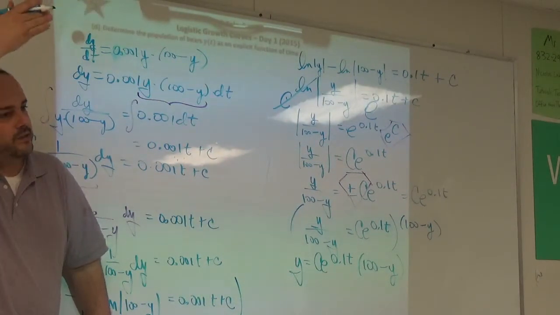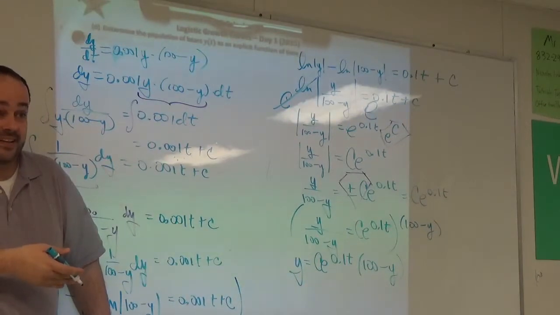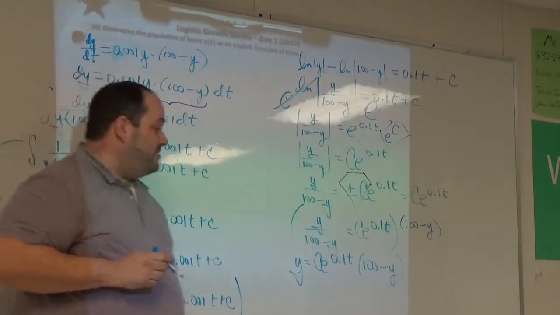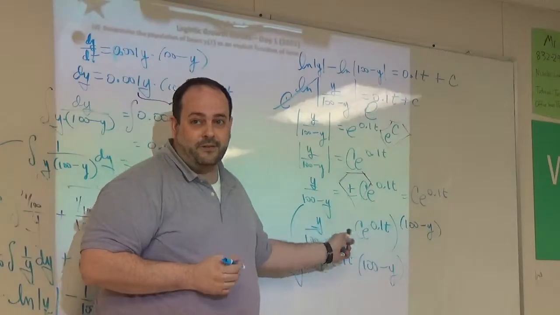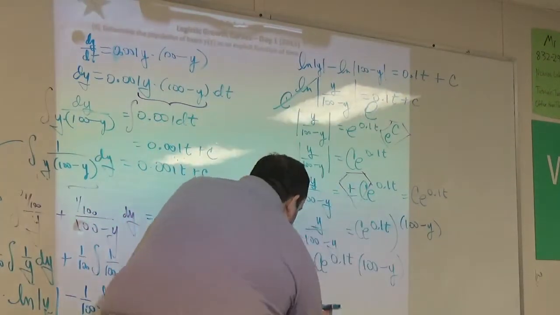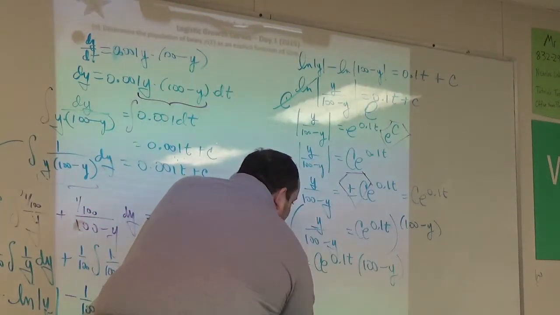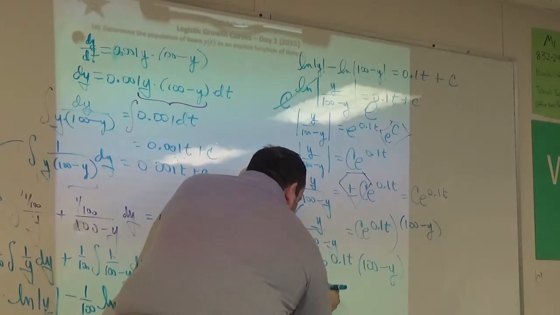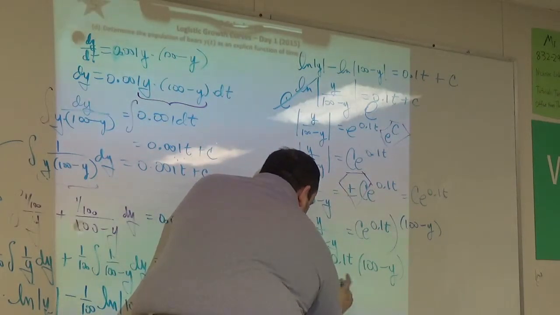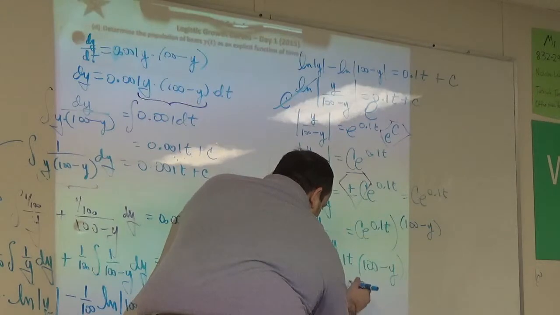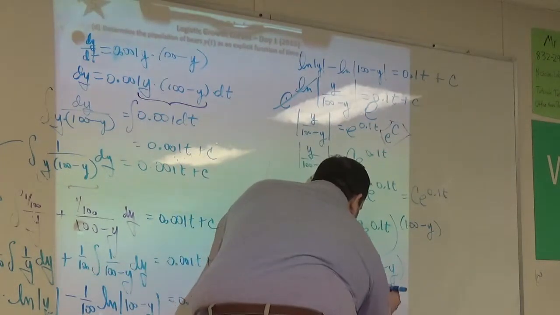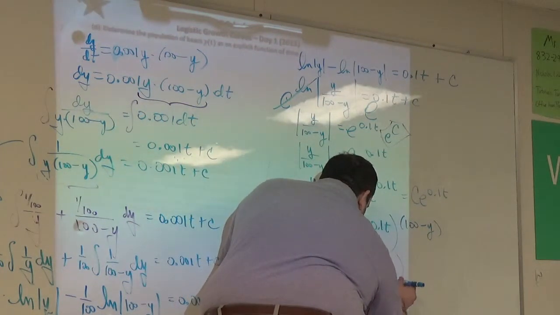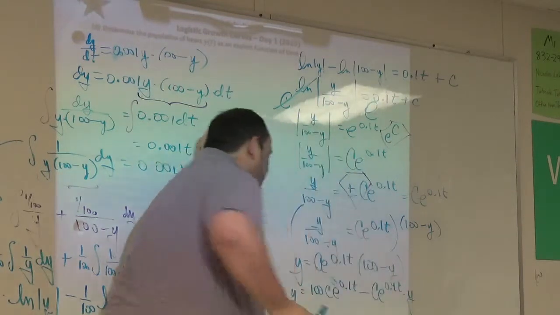We're not going to divide by 100 minus y because then we're all the way back over here. But the legal thing I can do now is say that y is 100 c e to the 0.1 t minus c e to the 0.1 t times y.